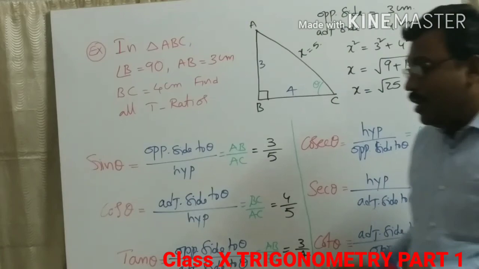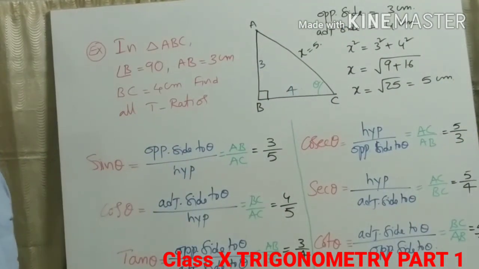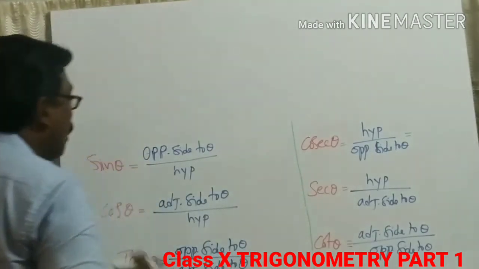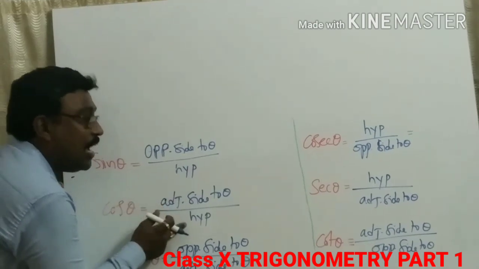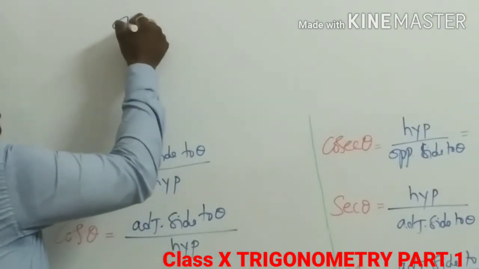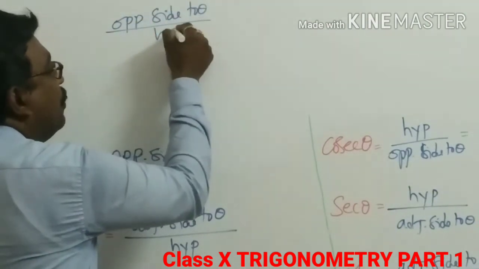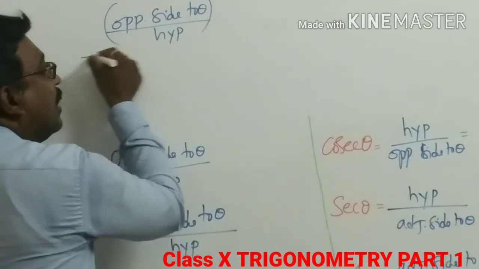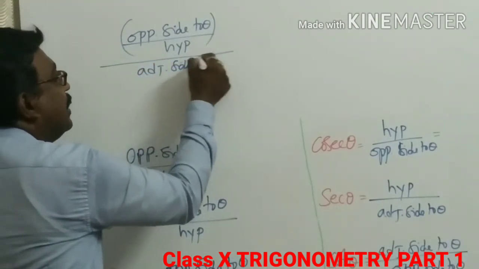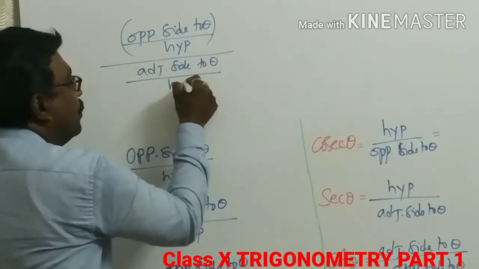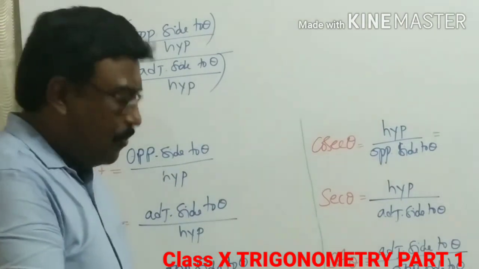Okay, now a new formula I am telling you all. Opposite side to theta by hypotenuse as numerator, by adjacent side to theta by hypotenuse as denominator.